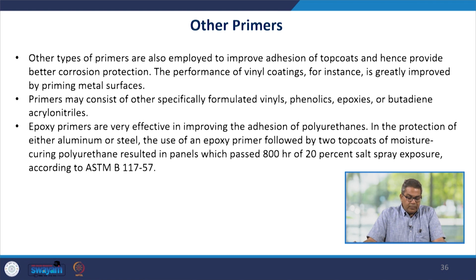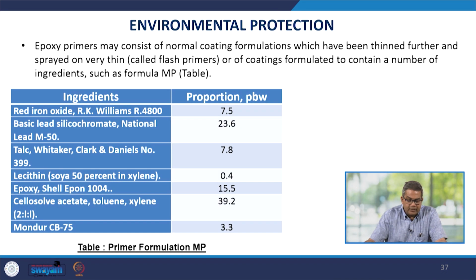These epoxy primers are very effective in improving the adhesion of polyurethanes and in the protection of either aluminum or steel. The use of an epoxy primer followed by a top coat of moisture-curing polyurethane resulted in panels which passed, say, 800 hours of 20% salt spray exposure as per ASTM standards.